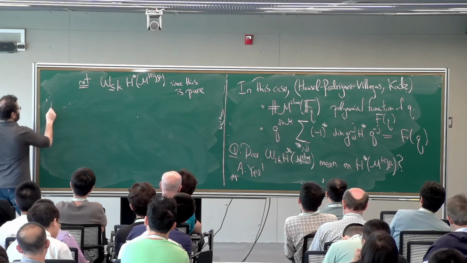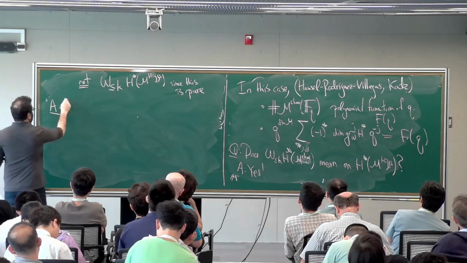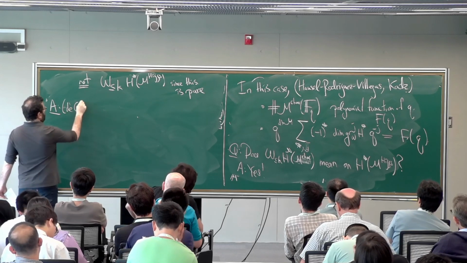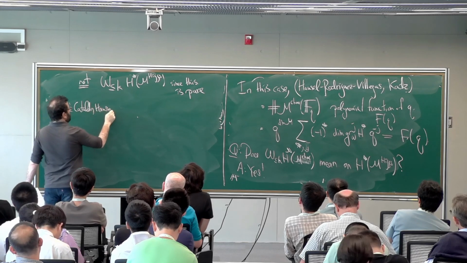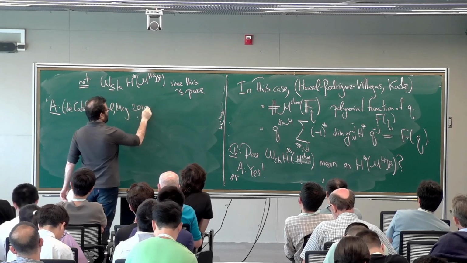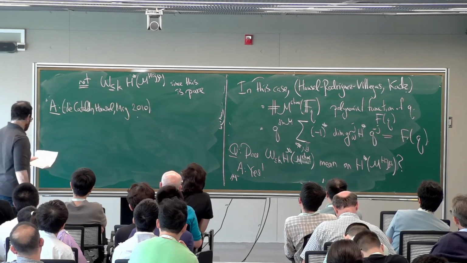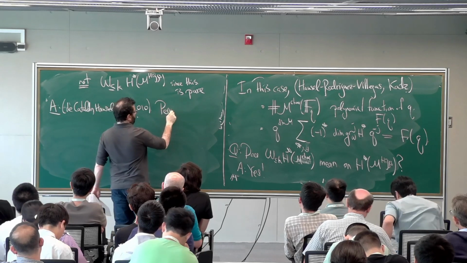So instead, the answer, which was proposed by De Cataldo, Hausel, and Migliorini around 2010, is to study instead what's called the perverse filtration.